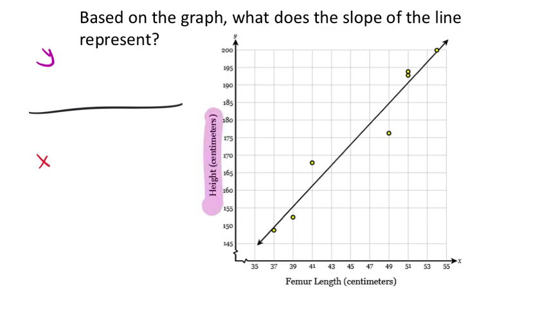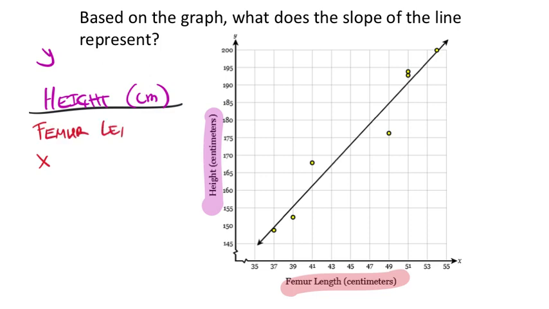So the label for my y's is height, h-g-h-t. We can put centimeters there. That's the height in centimeters. And then all I need to see is the label for the x-axis, which is femur length, and this femur length is also in centimeters.